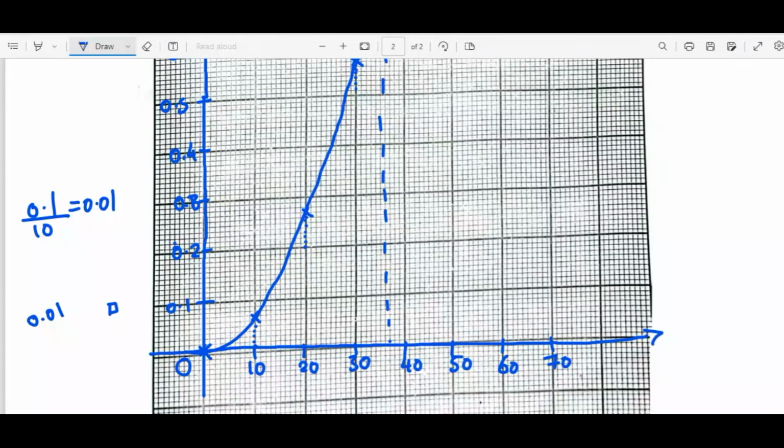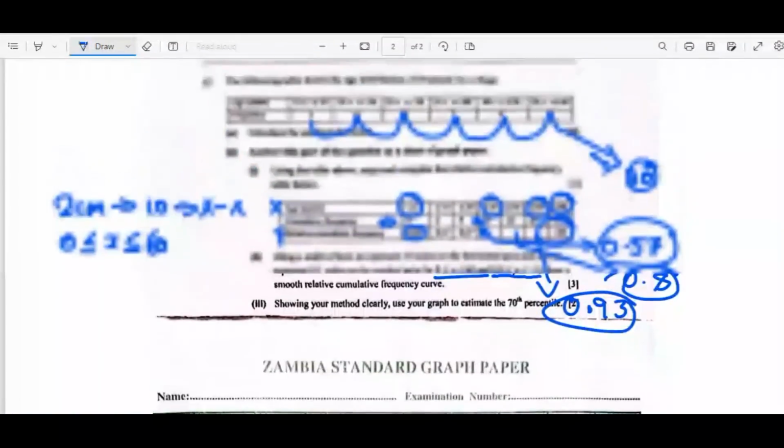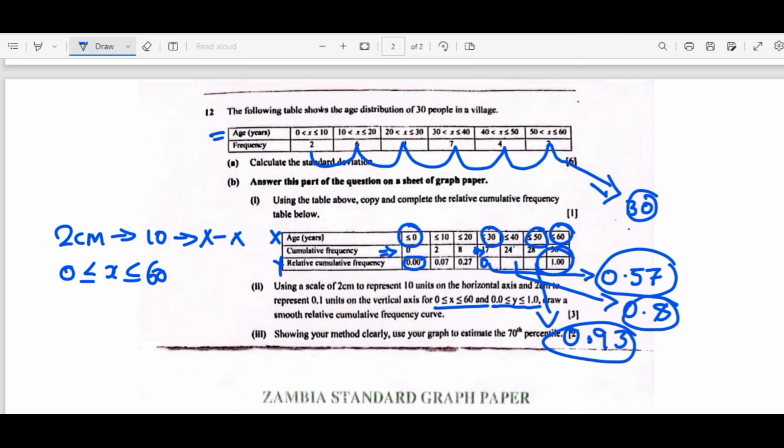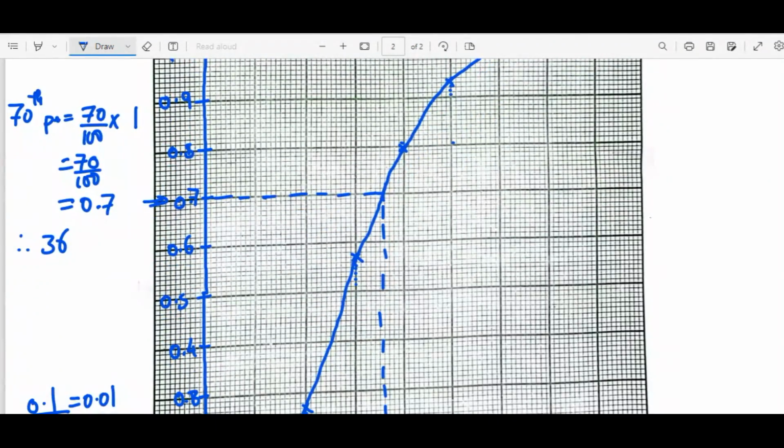So according to my graph here, should be here. This is about 31, 32, 33, 34, 35, 36. So we just say is equal to 36. 36 what? So let's look, so it's years. So that's how you can answer a question like this one.